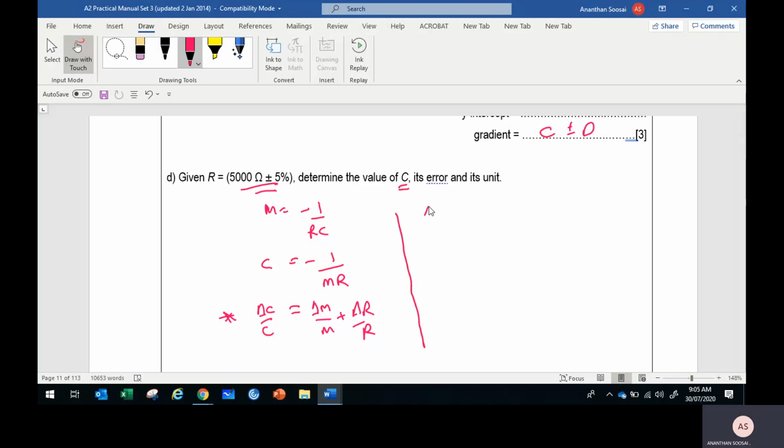And find the changes of C. Before that, you need to find your C first, right? The changes of C is changes of M over M plus changes of R over R, times C. Put all the values you know above.